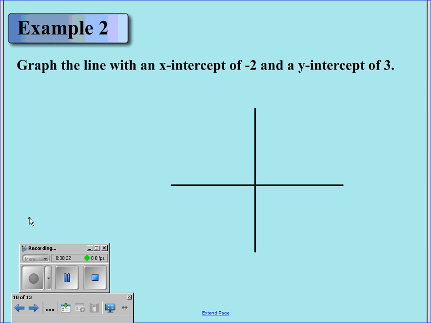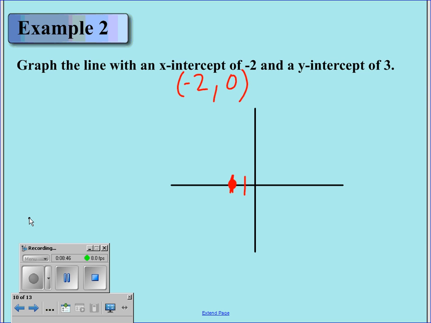Well, in the previous slide, we talked about how the x-intercept is when y equals what? 0. So this is going to be the point (negative 2, 0). Okay? That means I go to the left 2, and I'm at 0. The y-intercept is at 3.